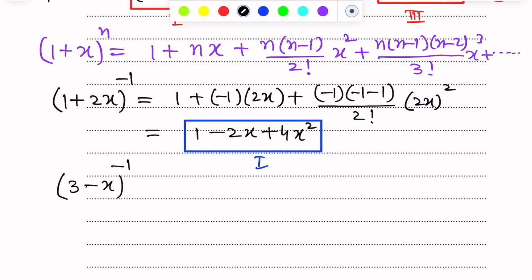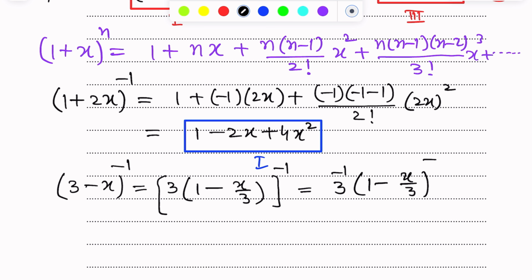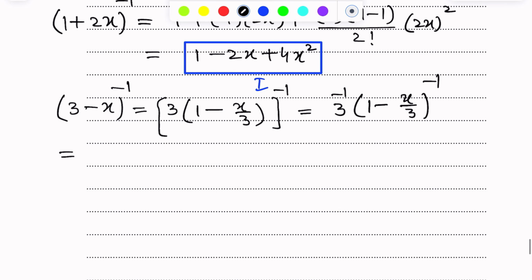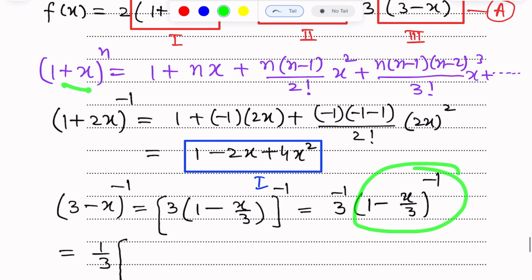To make first term 1, we will take 3 as common. Within bracket we have (1 minus x over 3) whole power negative 1, and this will be written as 3 power negative 1 into (1 minus x over 3) power negative 1. 3 power negative 1 is 1 over 3, and we will expand this. We will use this formula.